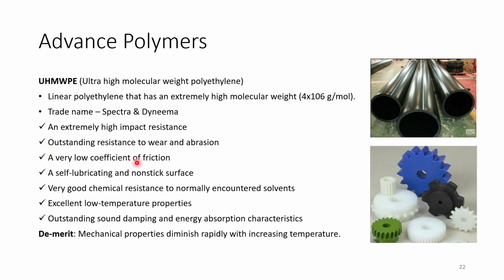They have a very low coefficient of friction, again a useful quality for making gears. Self-lubricating and non-stick surfaces, and very good chemical resistance to normally encountered solvents, so storage bottles can also be made out of this. It also has excellent low temperature properties, sound damping properties and energy absorption characteristics.